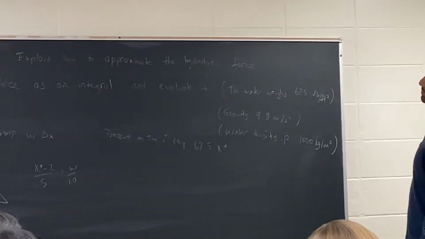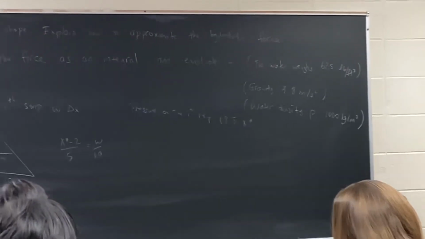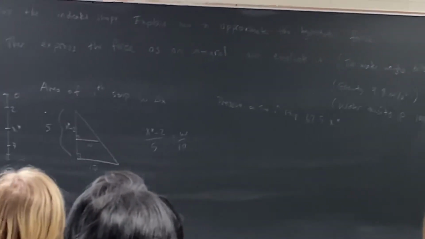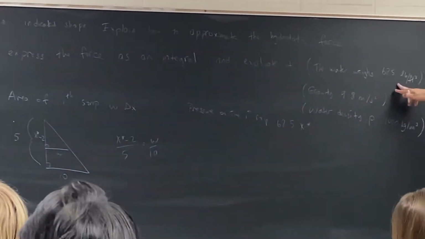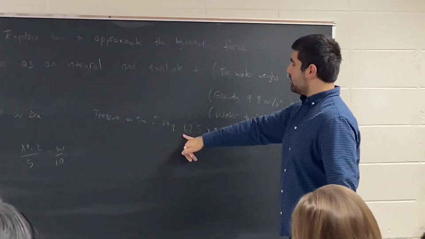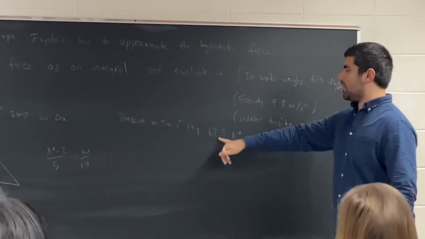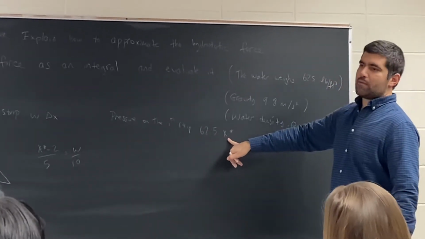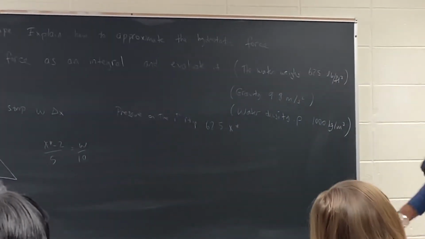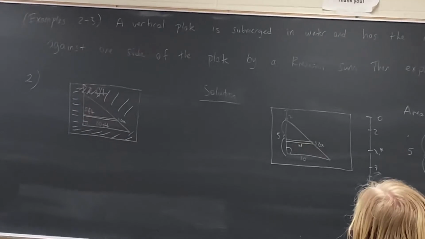So if the units are given in terms of feet, you can just use the weight density of water, which is gravity times density, and takes care of the rho times g, and the only thing you need to multiply this by is the depth, which is xi star. Any other questions so far?